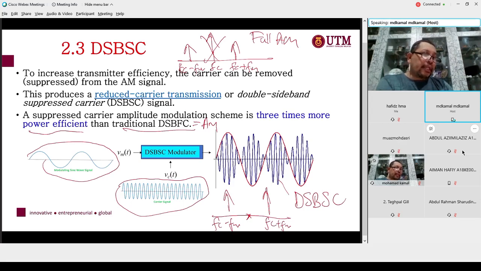But for double sideband suppressed carrier, in terms of demodulation, you cannot use the simple diode detector. Double sideband suppressed carrier needs a complex demodulation process in order to get the information.